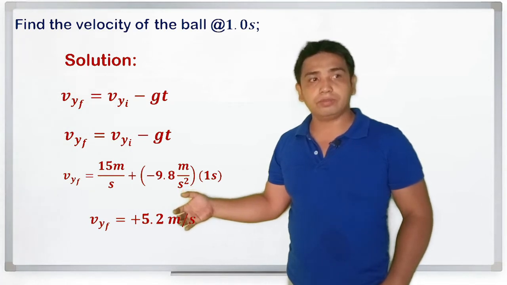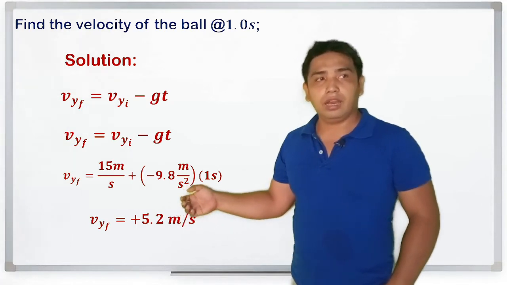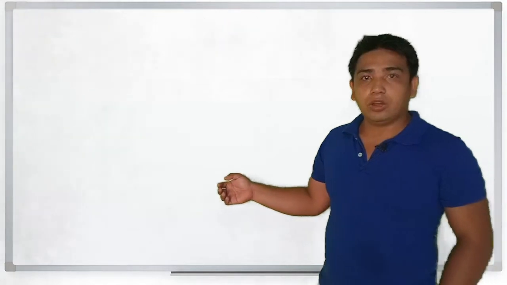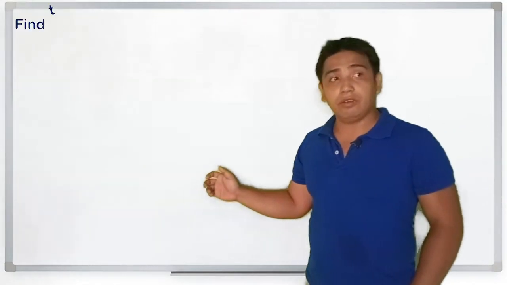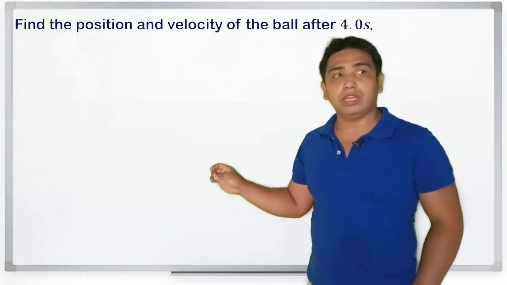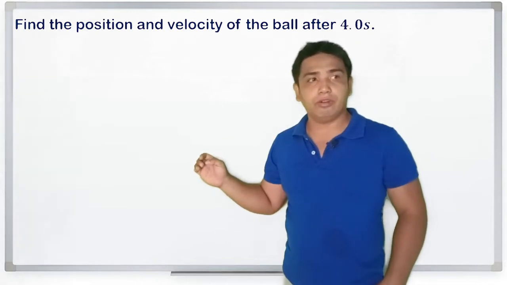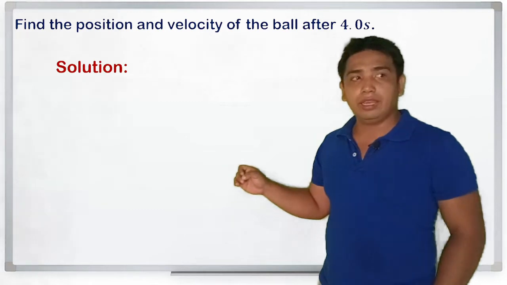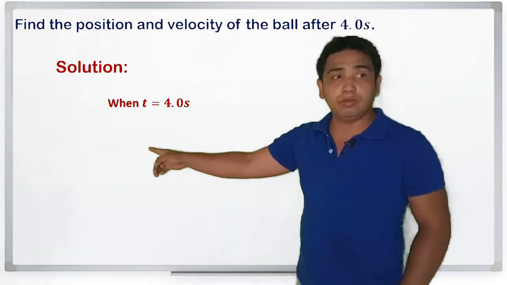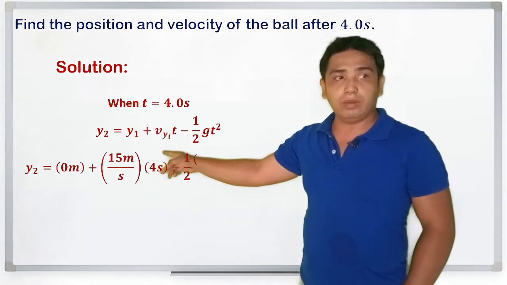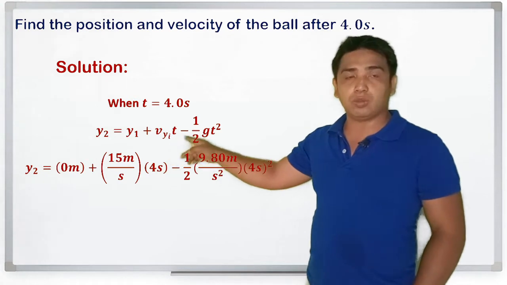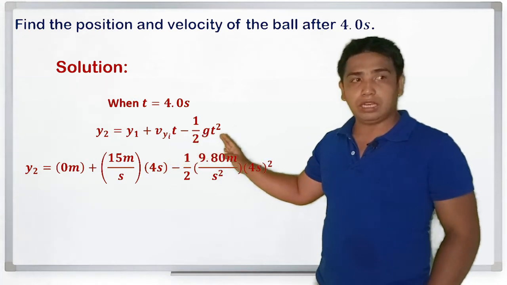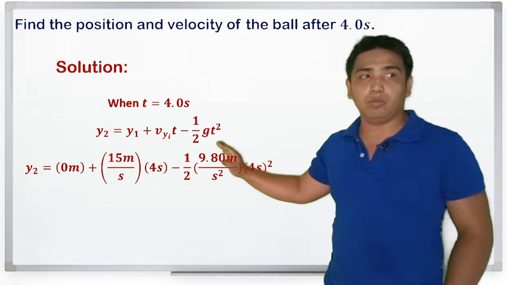Alright, and then we are also asked to find the position and velocity of the ball after 4 seconds. So we use the same method that we just applied. We have y sub 2 is equal to y sub 1 plus Vyi times time minus 1 half g t squared, which is the starting formula that we can work on.